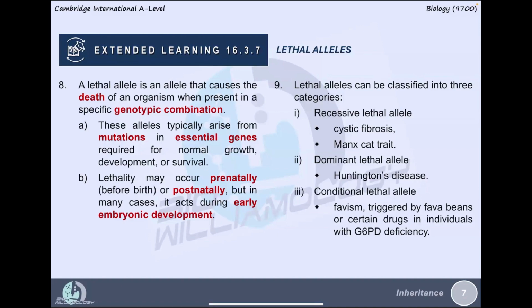For example, in G6PD deficiency, the individual might have a lethal effect when triggered by fava beans or certain drugs. When they are exposed to these chemicals, they may suffer a lethal effect.